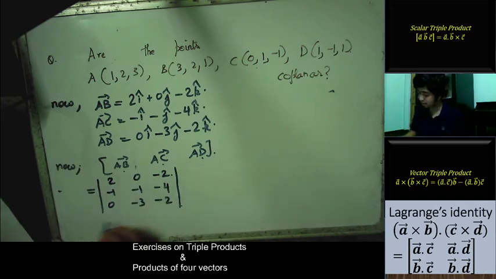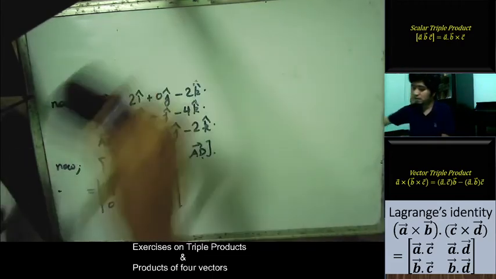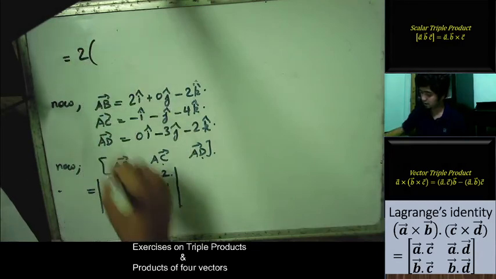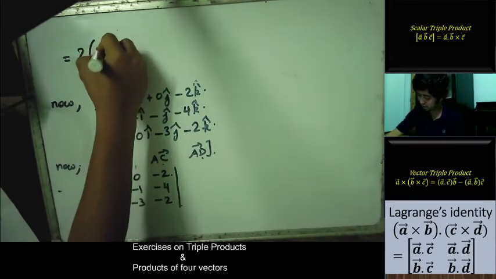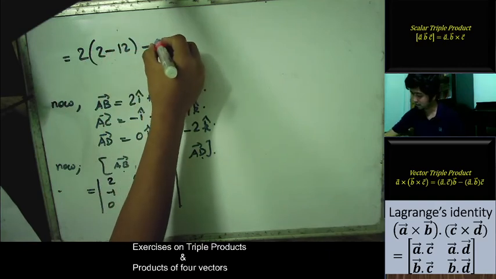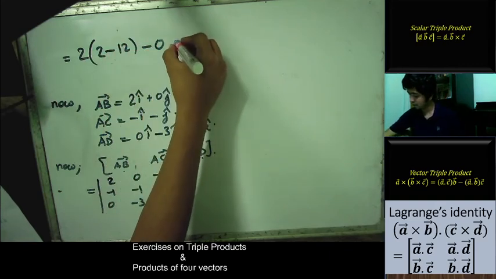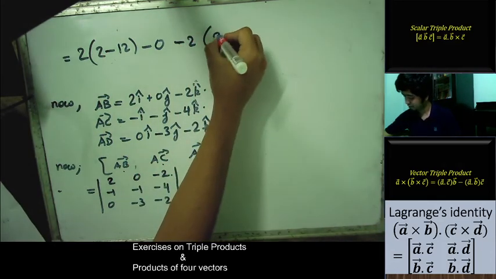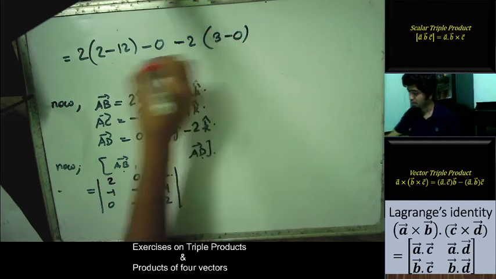Now we just have to calculate the determinant. It is equal to 2 times (minus 1 times minus 2 gives 2, minus 12), minus 0, minus 2 times (3, minus 0).